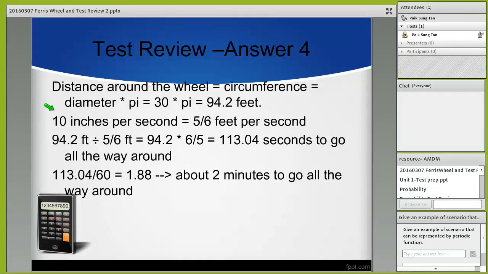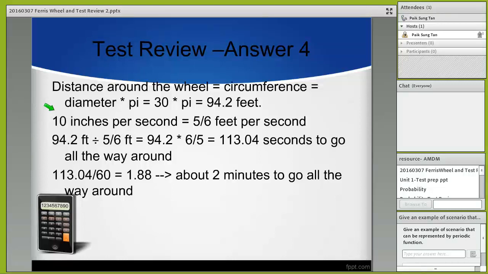The distance around the wheel, which is the total distance, is the circumference, equal to diameter times pi. Our diameter is 30 feet, so 30 times pi is 94.2 feet.